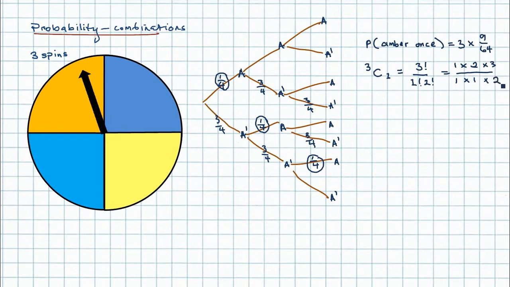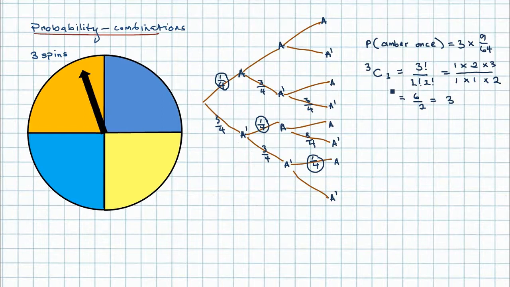So we then have 1 times 2, because 2 factorial is 1 times 2. So the result of this is the number of combinations, which equals 1 times 2 times 3 is 6, and 1 times 2 is 2. 6 divided by 2 is 3, which is the number of combinations that we have of choosing, getting a quarter, if you like, out of these 3 events.